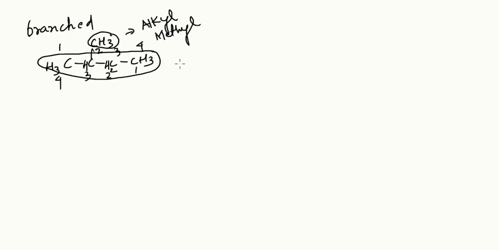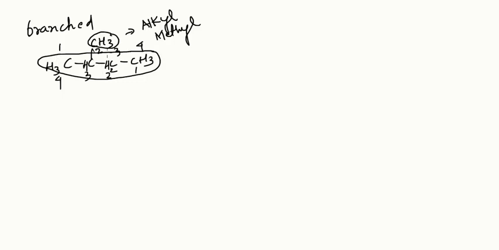Okay, so here we would start writing the name for this compound. We could select this numbering system, which goes from right to left, or this which goes from left to right.